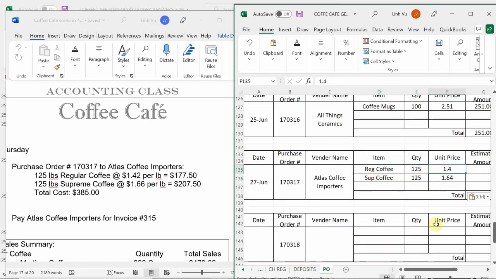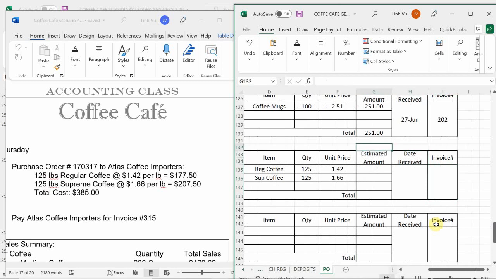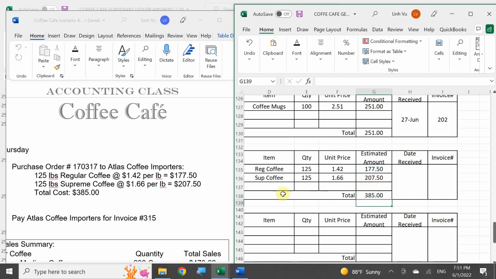Okay. Except my regular coffee is now at $1.42 and my Supreme coffee is at $1.66. So therefore, let's do our calculations here just to ensure this is correct. For $385.